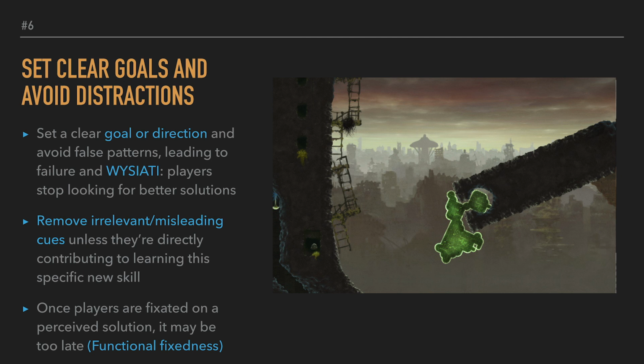And players just know that ladders are kind of a call to action. You need to go there and try to climb them in some form, just because they have some notions from other games. So once they have a perceived solution, it may be too late with their functional fixedness.